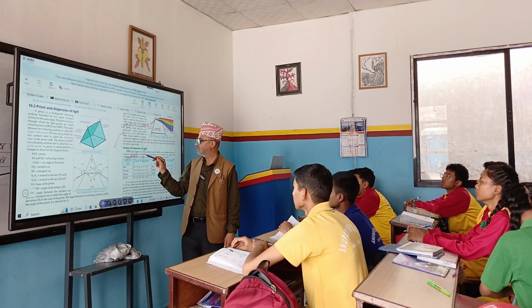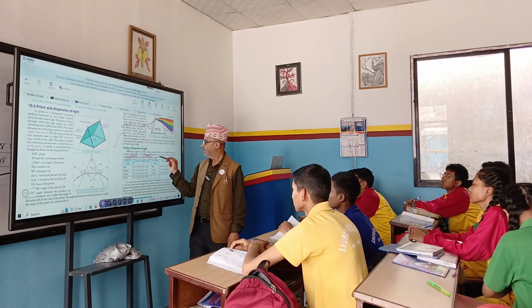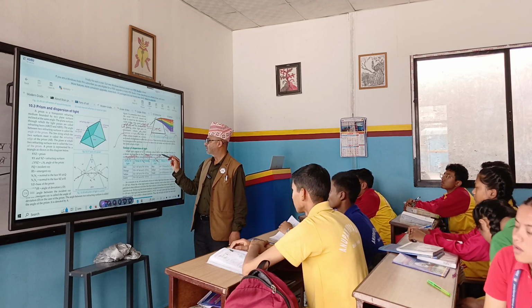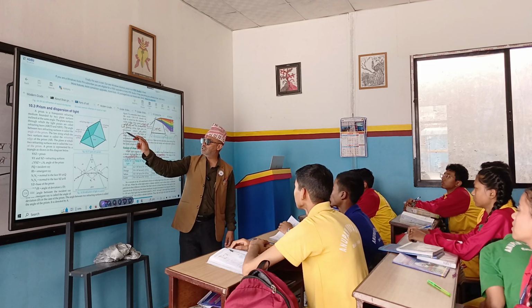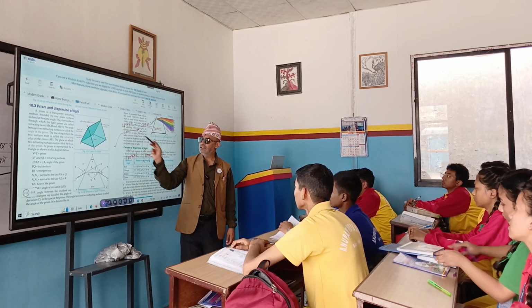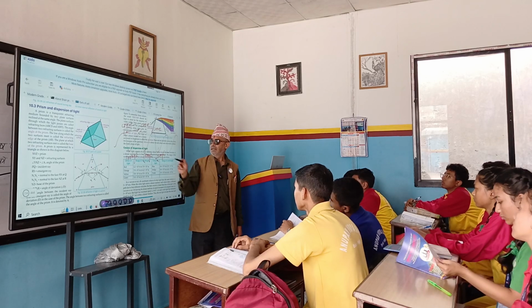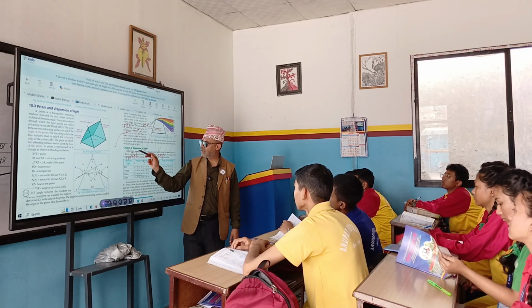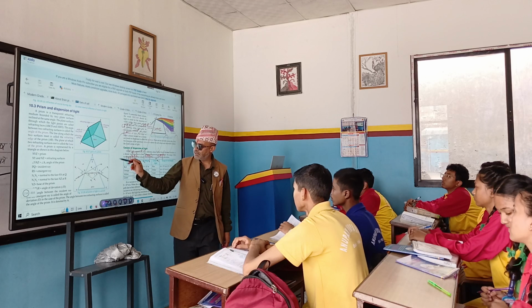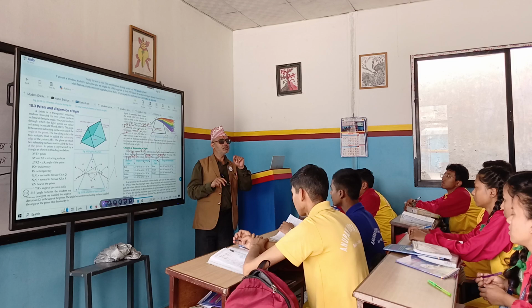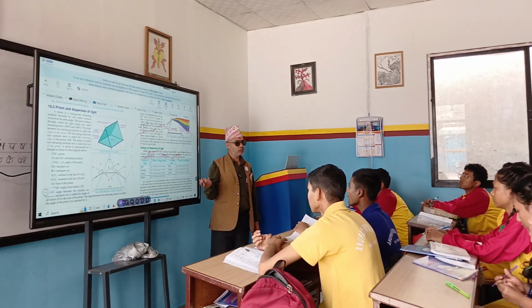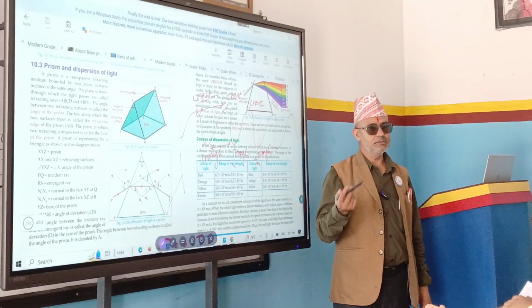Crest and trough. The distance between these 2 points is called wavelength, denoted by the Greek letter lambda. And obviously, more wavelength, more speed; less wavelength, less speed.